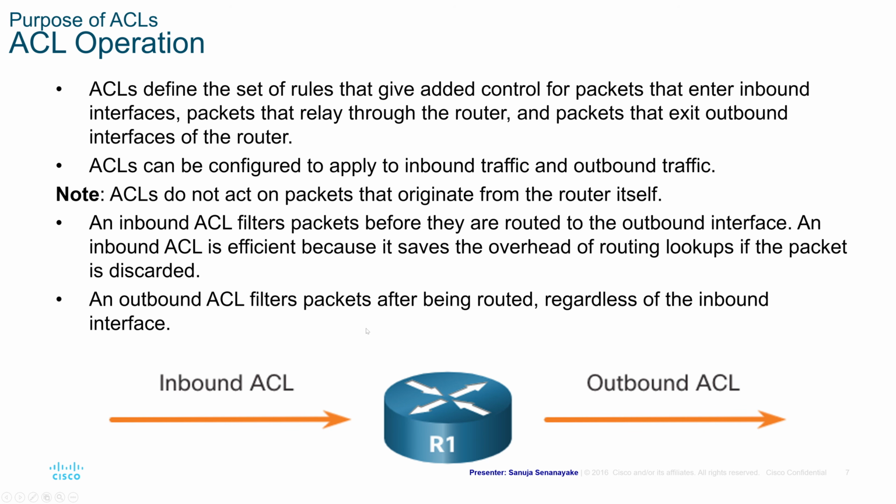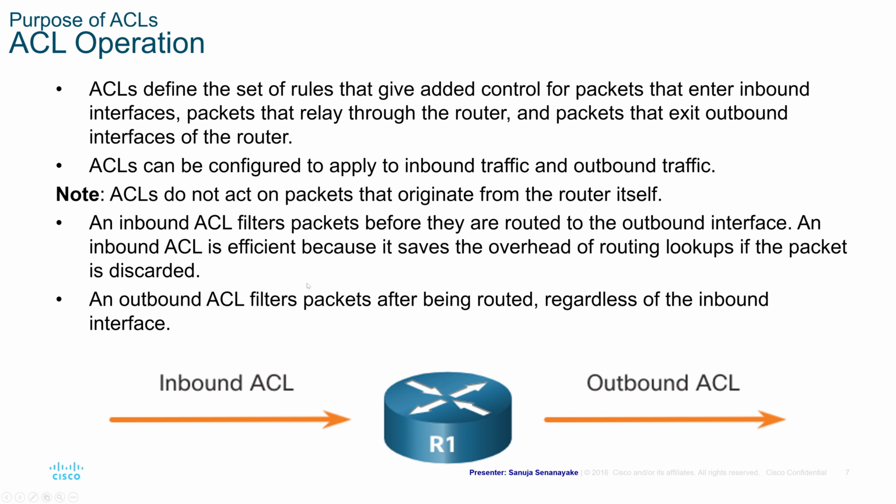An outbound ACL filters packets after being routed, regardless of the inbound interface. With outbound ACLs, the packet will enter the router and may even go through some routing processes before a check against any ACL policies. And if the packet needs to be discarded at that point, the decision will be made on the outbound side.